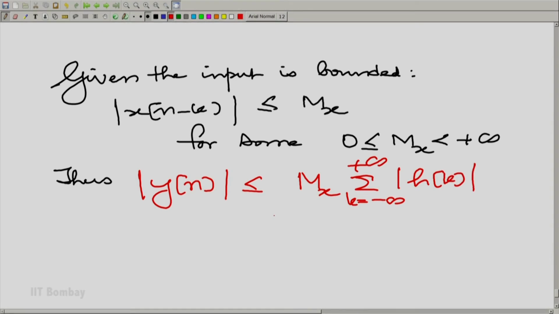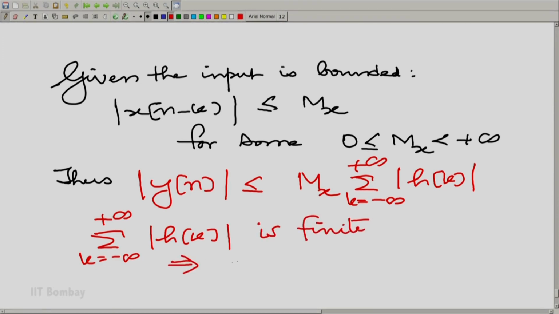So, it is very clear that if summation k going from minus to plus infinity mod h[k] is finite, then mod y[n] is finite. It is very clear. So, here we are. We now have a sufficient condition once again.